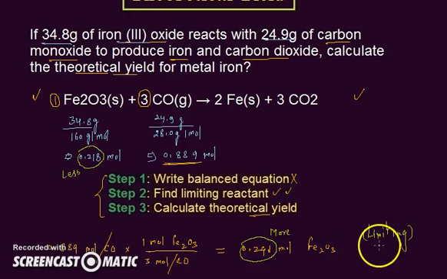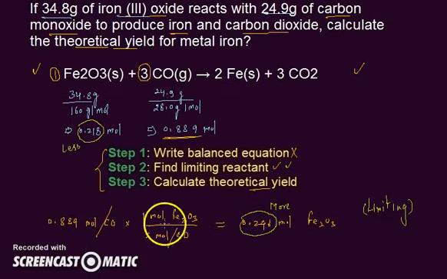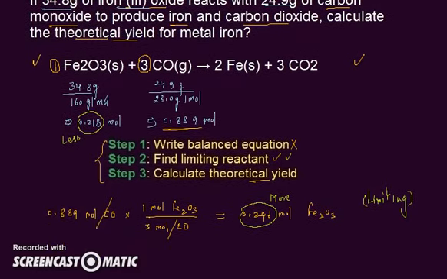Now we use the limiting reactant to calculate the theoretical yield. Since iron oxide is the limiting reactant, we begin with the moles of iron oxide. Here we have the moles of iron oxide, that is 0.218 mole.